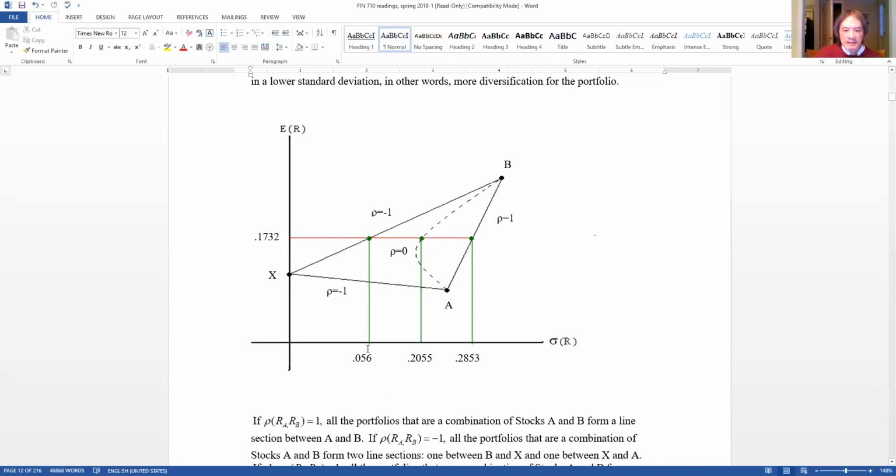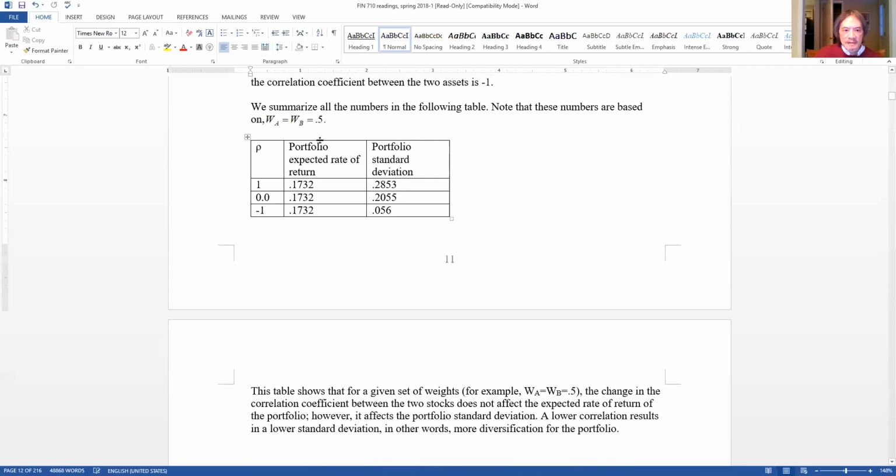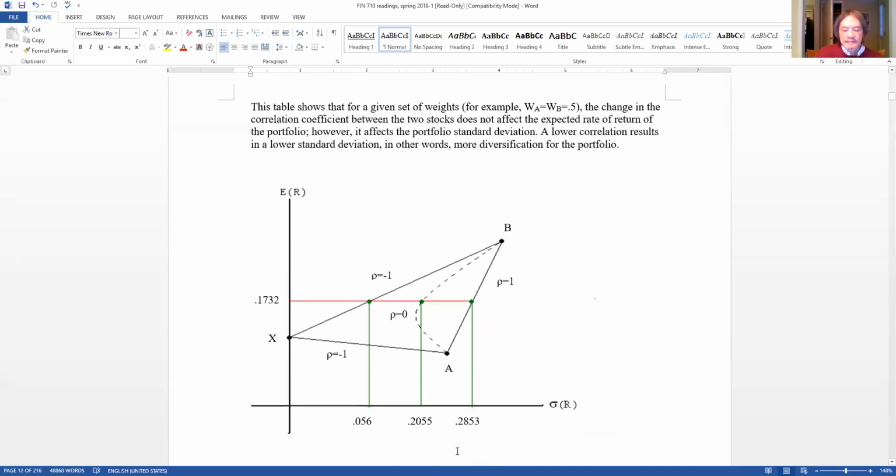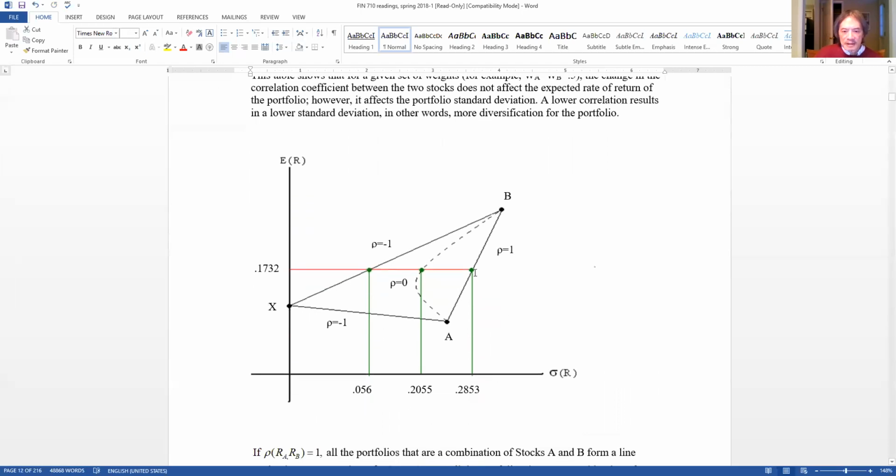So basically, we are talking about this table, right? With equal weight, okay? Yeah, right. So you can tell when the correlation becomes smaller, or even negative, okay?